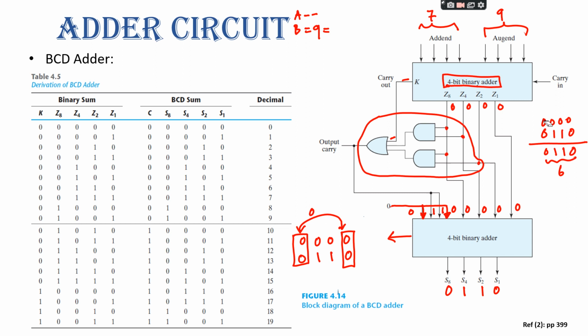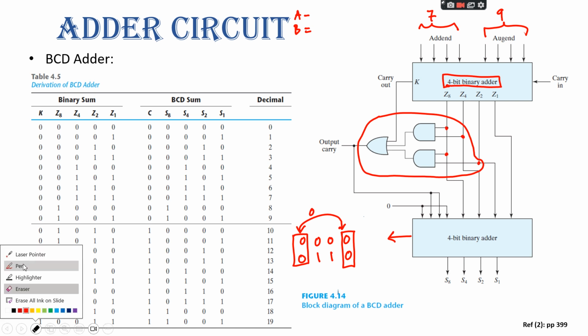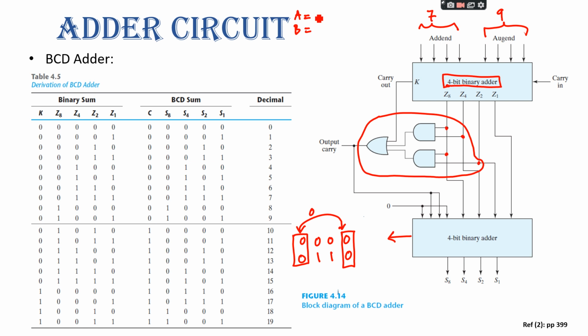Okay, so 2 and 5. Now if you have 2 and 5, 2 is represented by 0, 0, 1, 0, and 5 is 0, 1, 0, 1. If you add them together, it should be 0, 1, 1, 1, which gives you directly 7, right?